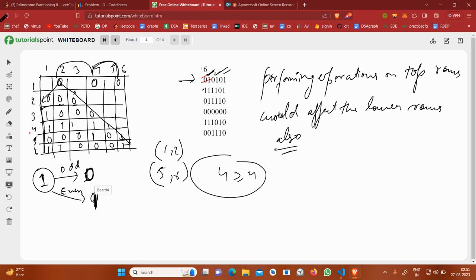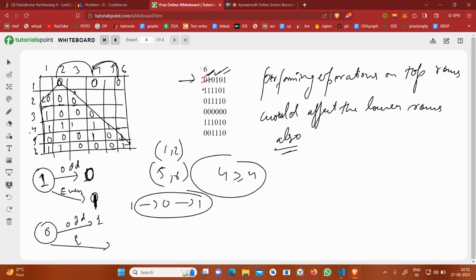If I perform an odd number of operations on 1, then it would become 0, and if I perform an even number of operations on 1, it again becomes 1. Similarly for 0, if I perform odd operations, then it will become 1, and with even operations it will remain 0.